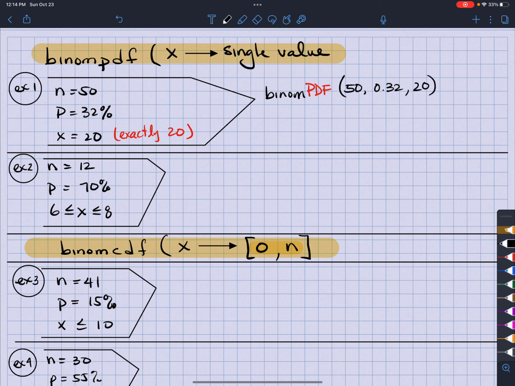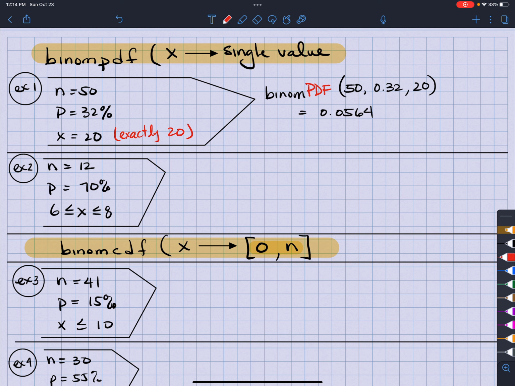So this is only going to calculate the probability of getting only 20 successes, not 21, not 19, just 20. So when you plug that in, you're going to get 0.0564. Okay, so that's your probability of getting 20 successes.